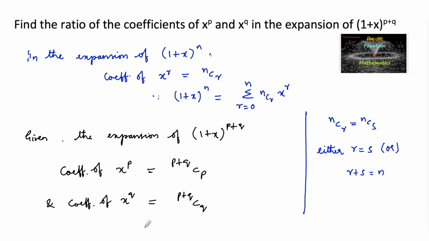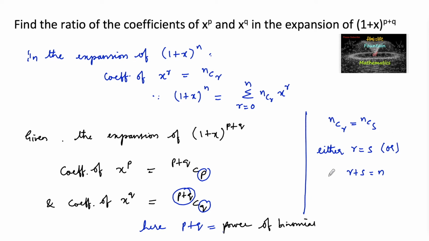Clearly, here p and q add up to p + q, which is the power of the binomial.